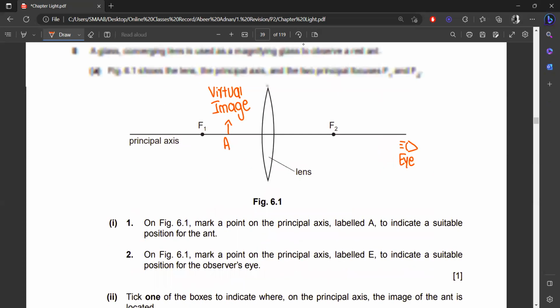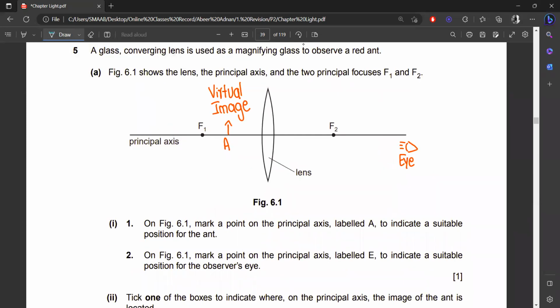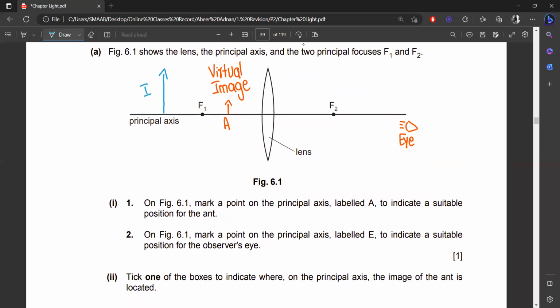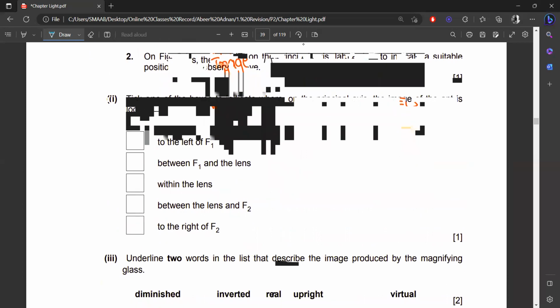It means we are getting the image of the object on the left hand side, and it's highly magnified. So this will be the image, which means we are getting the image to the left of F1, right?